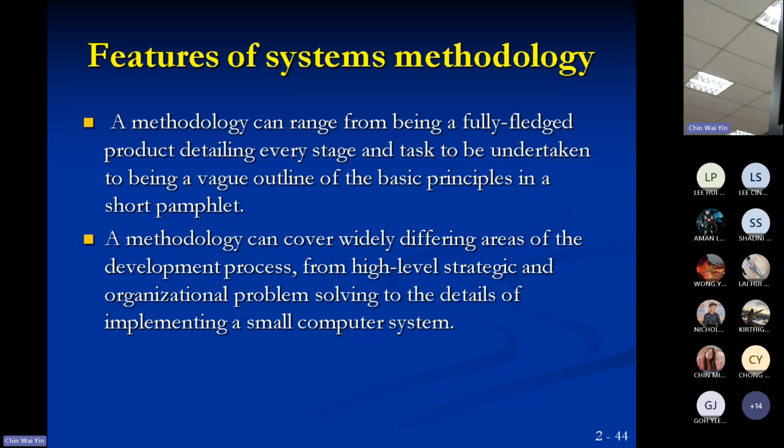Now, development process means what? From the moment you start to the moment you hand over the project. And sometimes even cover support after that, right? So it's a whole entire cycle. So sometimes a methodology can cover the entire cycle, even up to post-implementation, right? But there are some methodologies that only cover some part of the development process, right?